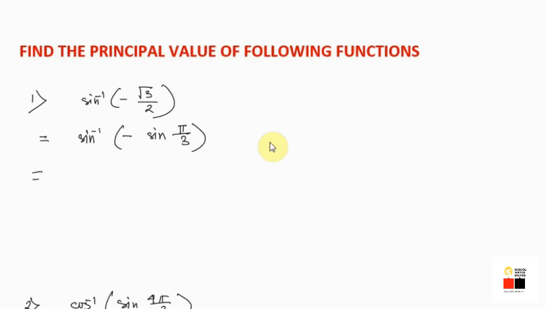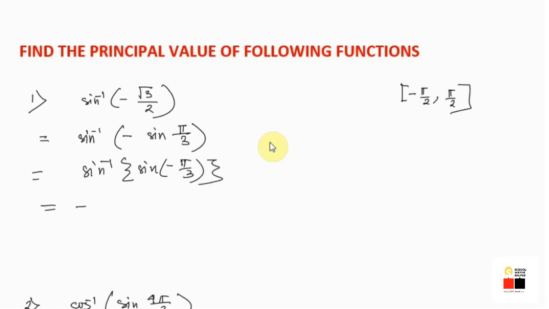We know that the principal value of sin inverse x lies between minus pi by 2 comma plus pi by 2. Sin inverse sin of minus pi by 3 equals minus pi by 3. This will be the answer.